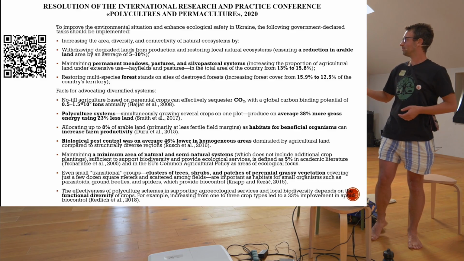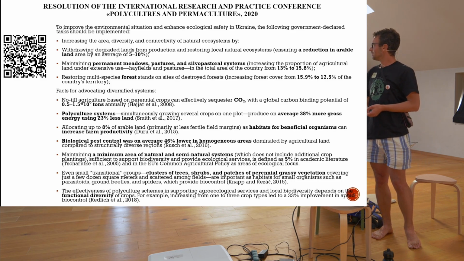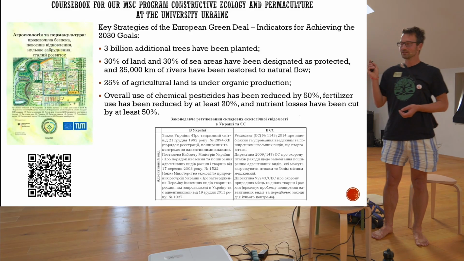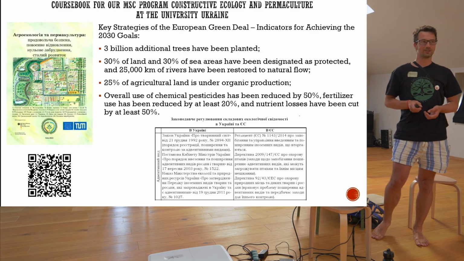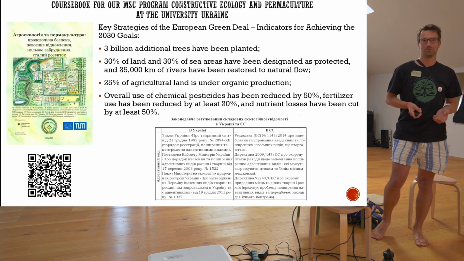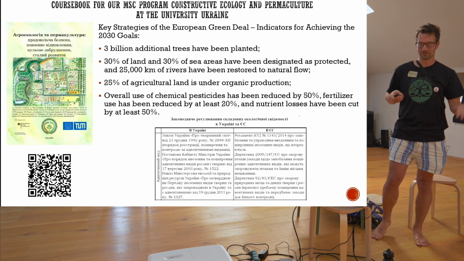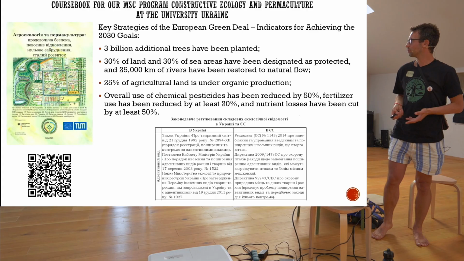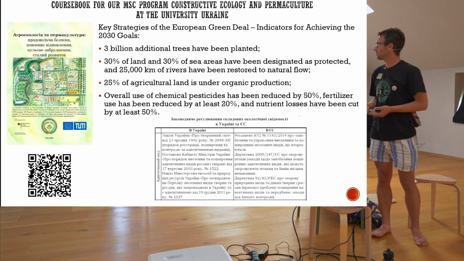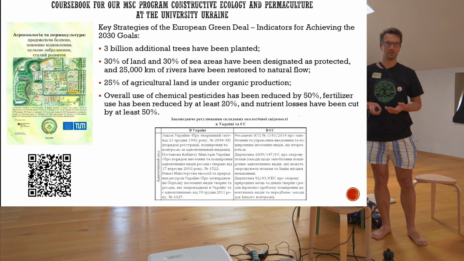Okay, this is a little bit better, an increase of arable lands. And as we see on these slides, these are the European Green Deal indicators, so it would be very beneficial for us, for Ukraine. It is already very beneficial for us, the European integration, because our government is obliged to follow these more ambitious recommendations.